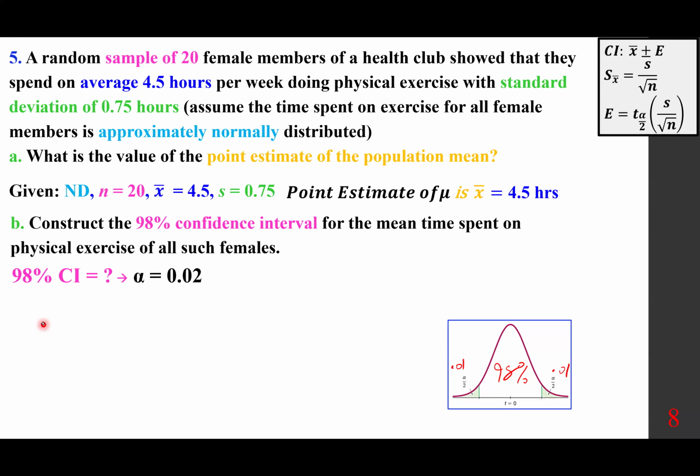So the tails add up to 0.02, but each one is 0.01. We need degrees of freedom because we want to find the critical value. N is 20, degrees of freedom is N minus 1 or 19. We can find the t either from the table or technology, and it gives us plus minus 2.539.